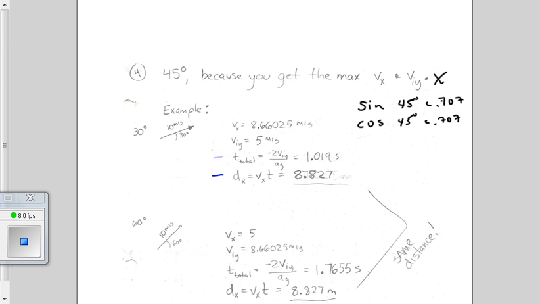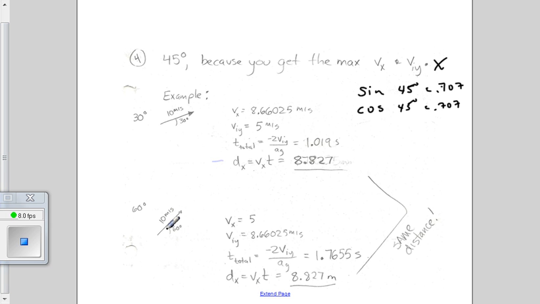Then we did the same thing at 10 meters per second, but this time at a much bigger launch angle, 60 degrees. This time it's Vx, that's 5 meters per second, and Viy, that's 8.66 meters per second. The time in the air is much larger, but because the object is going slower sideways, the distance remains the same. This holds true for any pair of angles that add to 90 degrees.